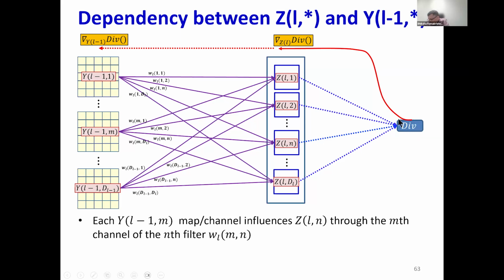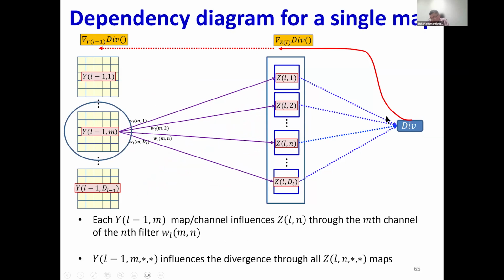So if I want to compute the derivative of the divergence with respect to any specific input channel, I have to track the dependencies from this input channel to the divergence. And so if I chose this input channel, that's what the dependencies are going to look like. So what does this mean?